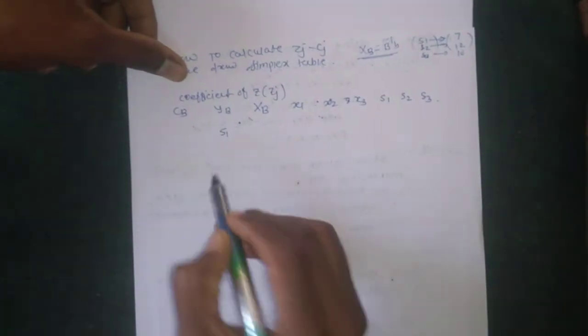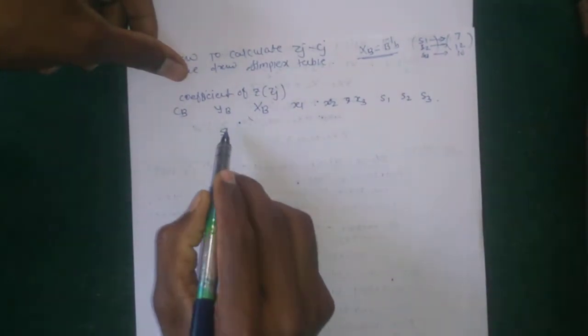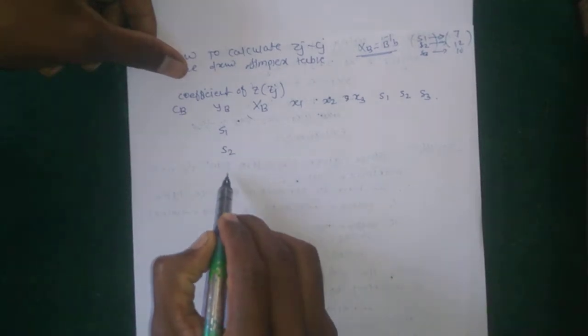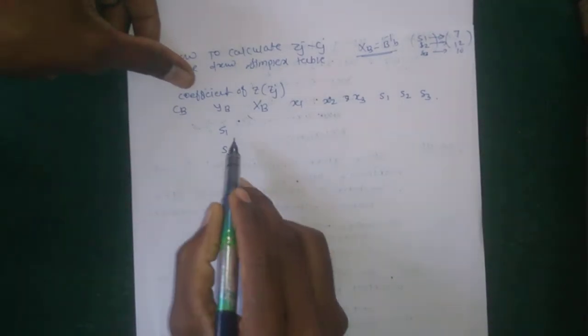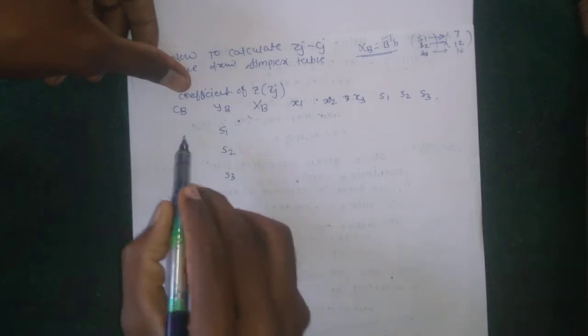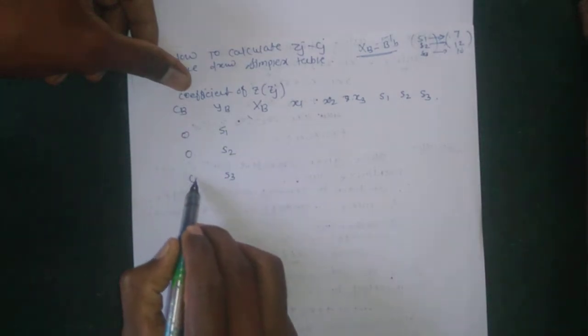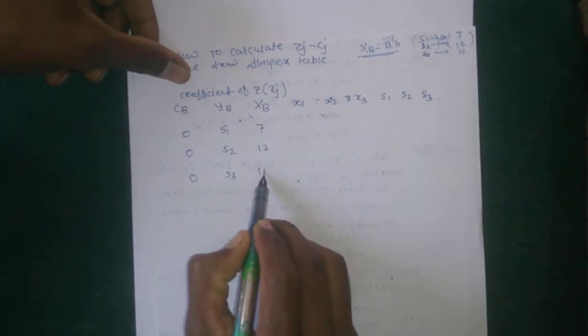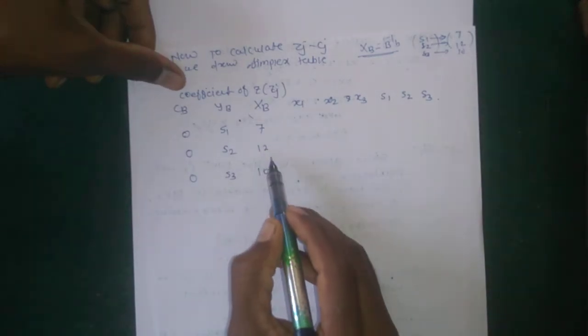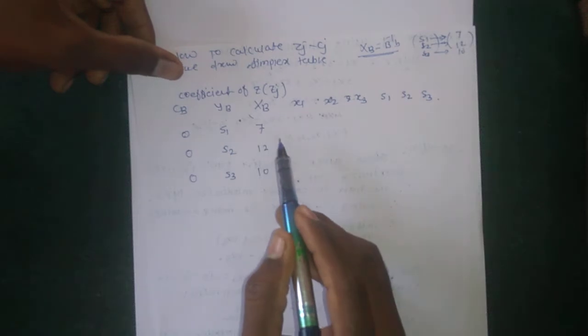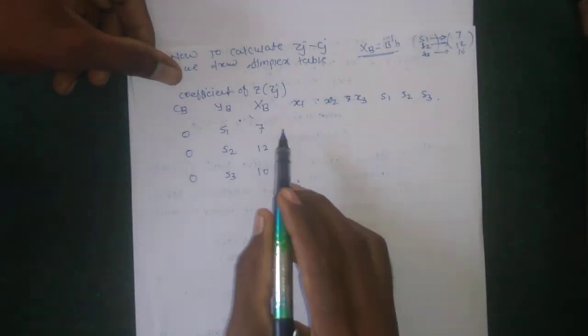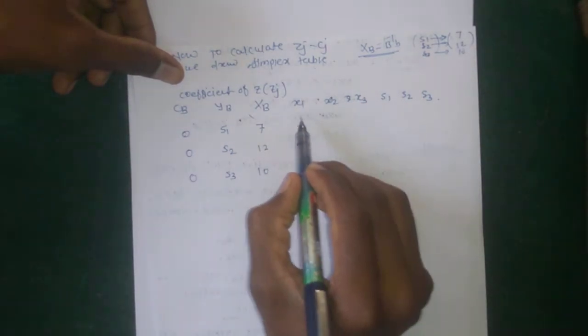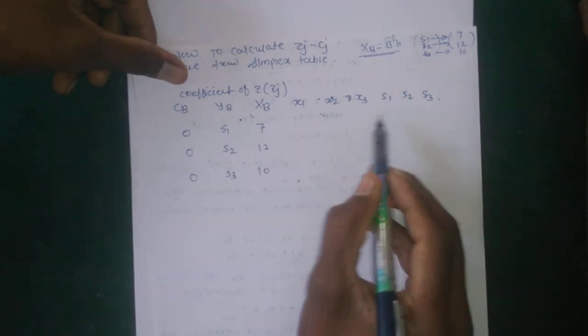So in basic variable, firstly we write directly slack variables s1, s2 and s3. Their coefficients in the objective function are 0, 0, 0. Their values are 7, 12 and 10. This is the RHS of constraints.